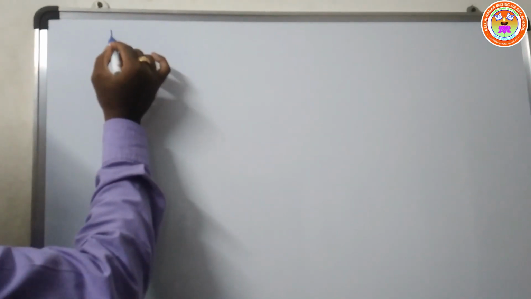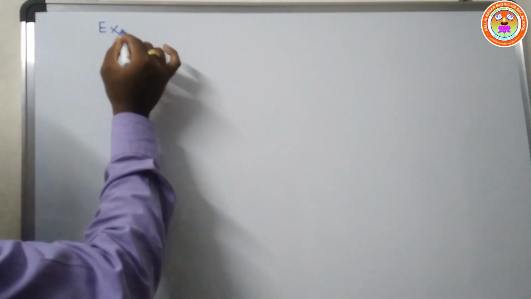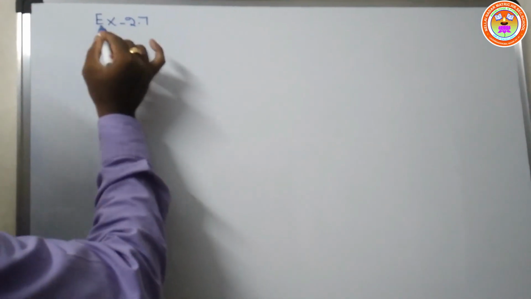To the topic of rationalization of surds, I am going to exercise 2.7.